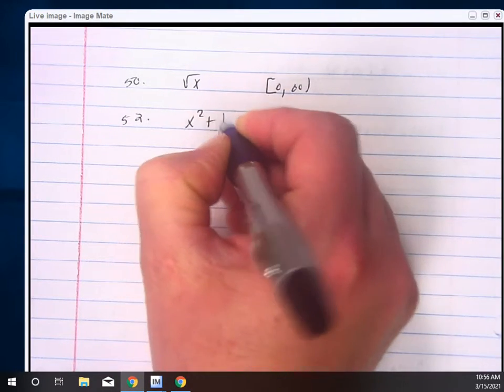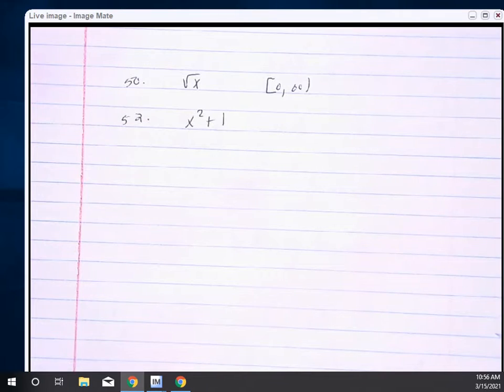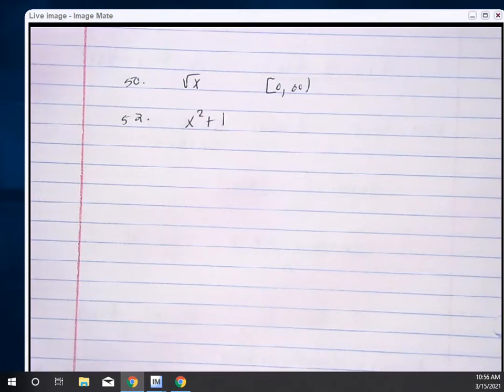X squared plus 1. What's the domain? X squared graphed is a what? So what's the domain?